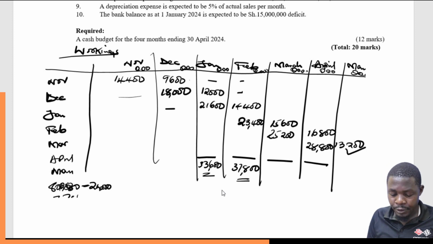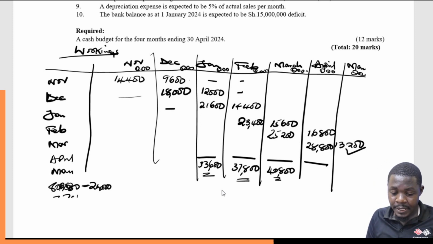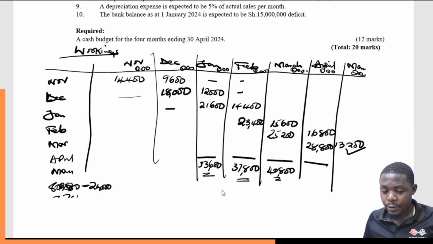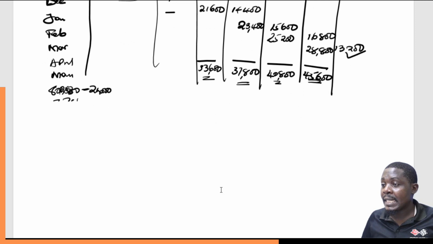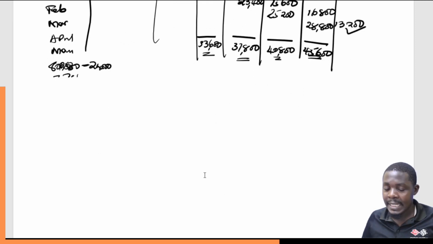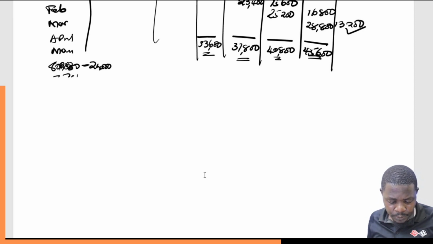And then we have 15,600 plus 25,200. We have 40,800. Then for April, we have 16,800 plus 28,800. We have 45,600. Those are the figures we are going to use as receipts from debtors.